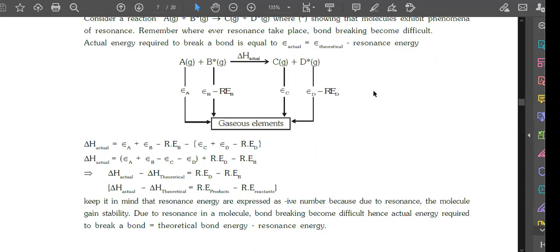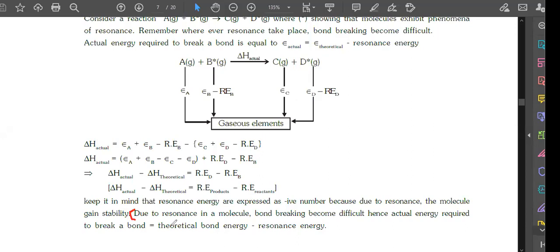So everyone, please note this down, because people generally get confused about this. In some books, it is given wrong. Just think about this. Because of resonance, stability is increasing, so energy will decrease.